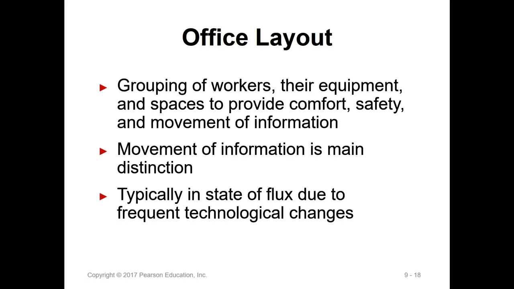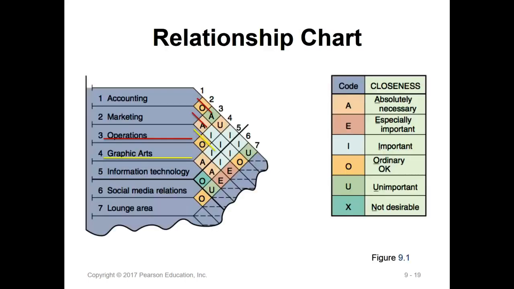And so there is a chart, a relationship chart, that gives an example of how you assign people in different office areas. This is called a relation chart. In the relation chart, the code A means absolutely necessary, and E means especially important.